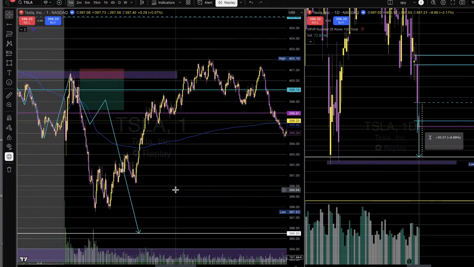When you enter a trade, you're expecting it to go in a direction and continue in that direction until it chops or forms another direction to follow.